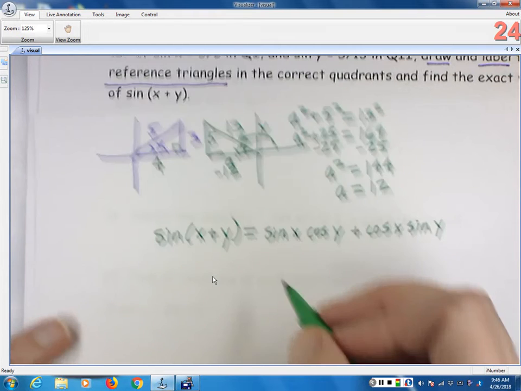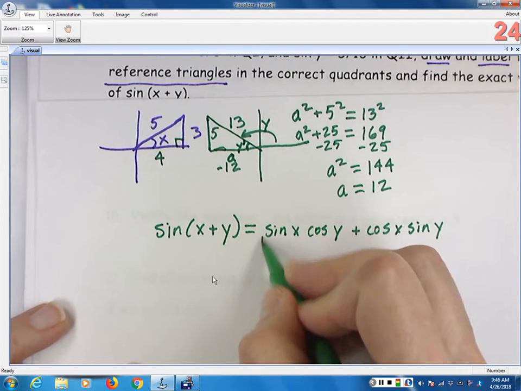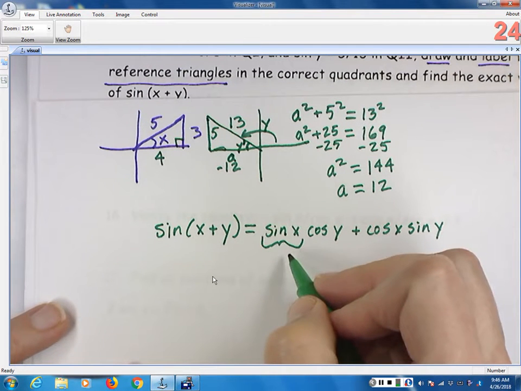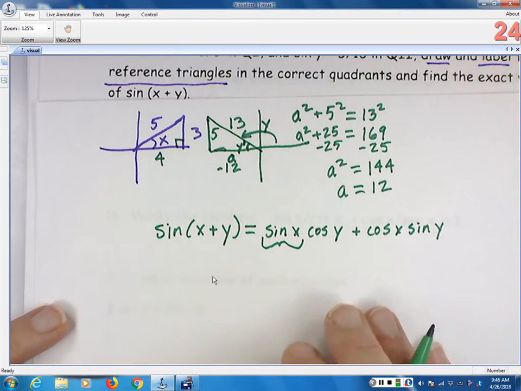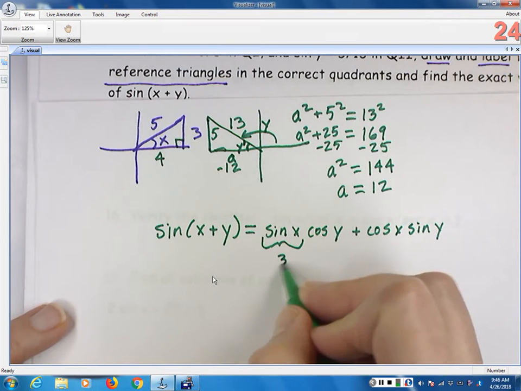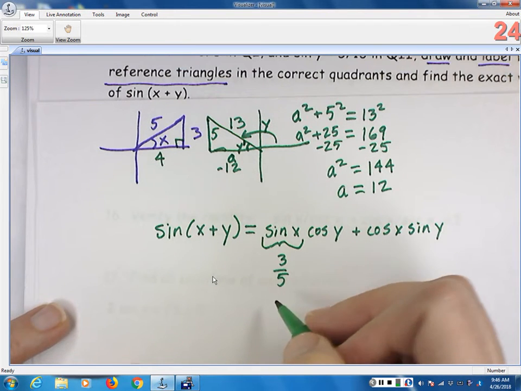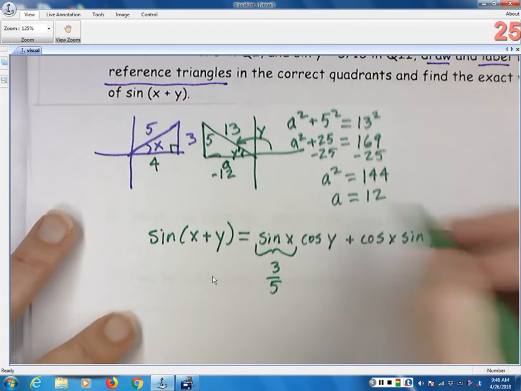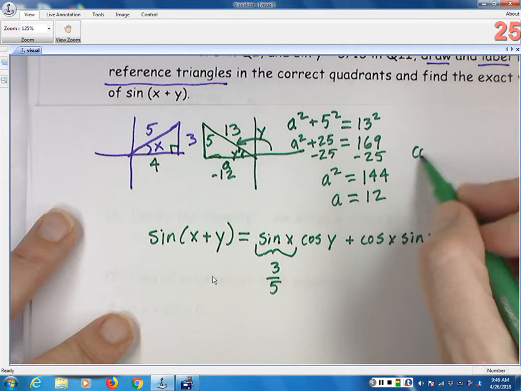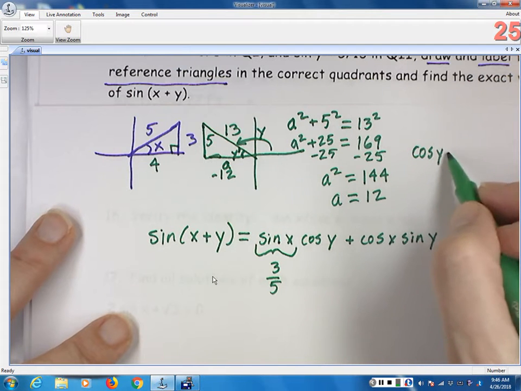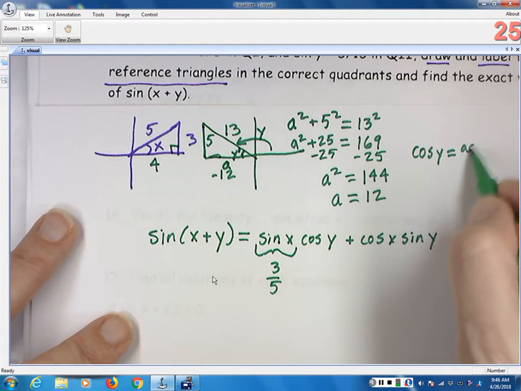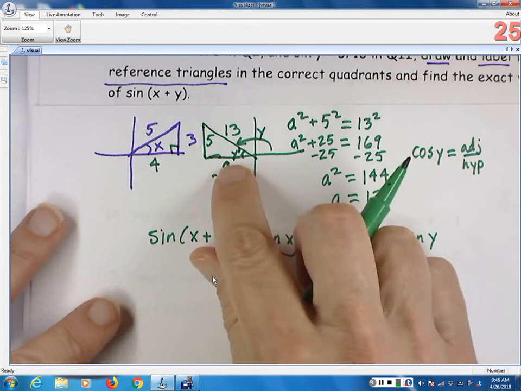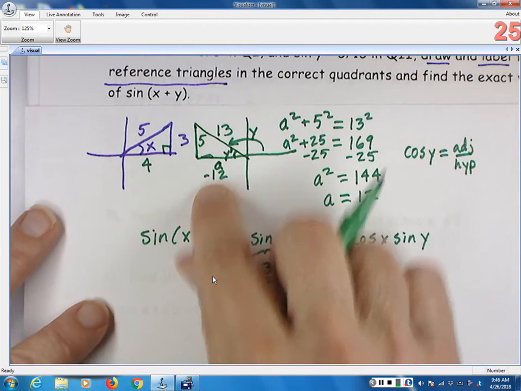All right. And then you're going to replace sine x with what it is, 3/5. So now you need cosine of y. So you might want to figure out that cosine of y is adjacent over hypotenuse. So it's negative 12 over 13.